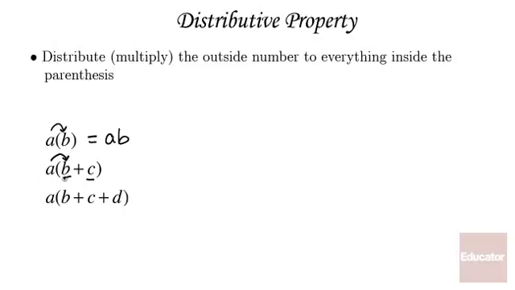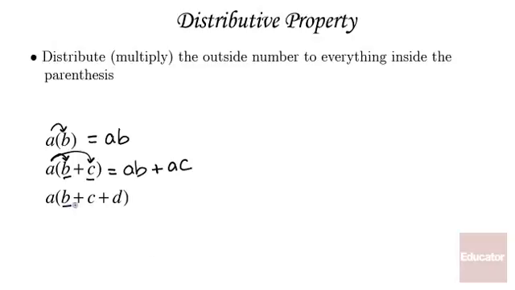So first I'm going to multiply it to B. So it's going to be A times B is AB. Then I have the plus to separate them. And then A, the outside number, to that number. So it's going to be A times C, which is AC.